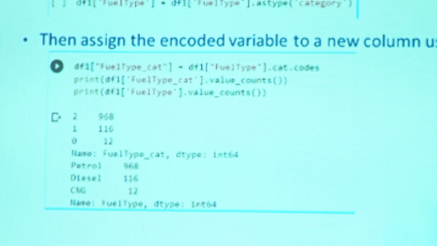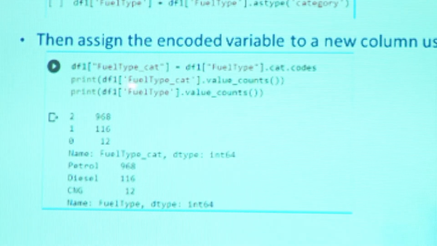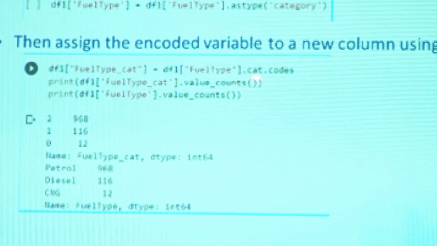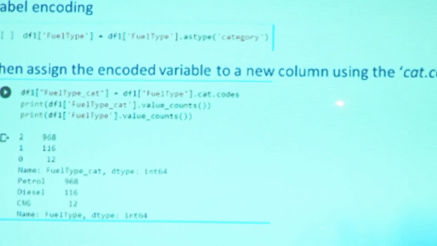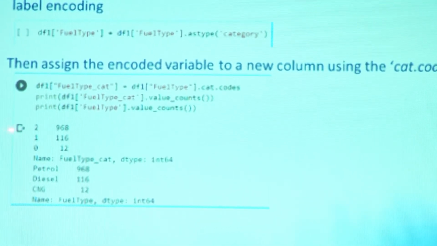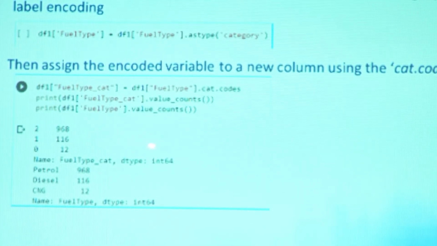For your understanding, I created one more data frame and I am calling it fuel type underscore cat. When I printed that, I got 2 as 968, 1 as 116, 0 as 12. If I print my actual data frame, it is petrol, diesel and CNG.